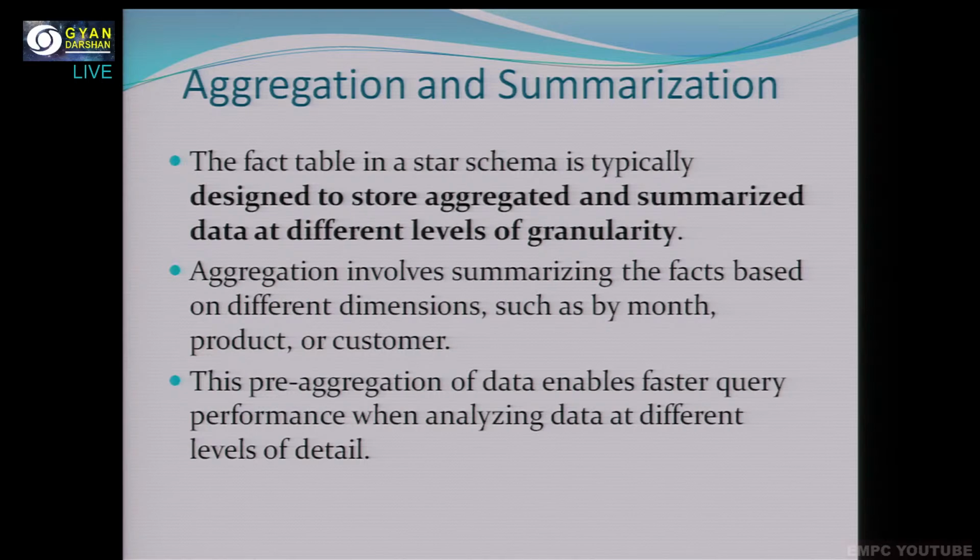Typically the whole thing is aggregated in the form of a fact table and summarized data at different levels of granularity. Aggregation involves summarizing the facts based on different dimensions such as by month, product or customer, and this pre-aggregation of data enables faster query performance when analyzing data at different levels of detail.